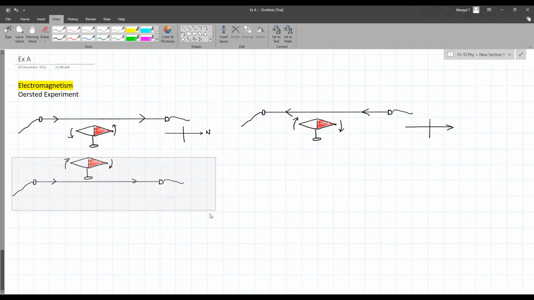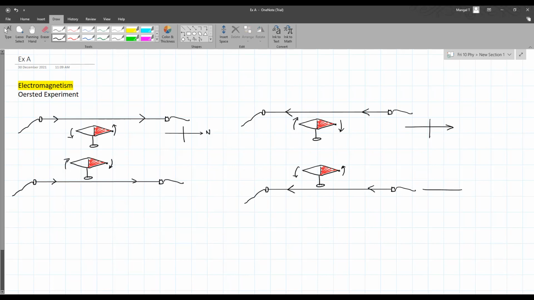So here again, if you repeat it and change the direction of the current, so the current direction is reversed, then the deflection will also be different, right? Okay, so there are the following things that we have noticed over here.